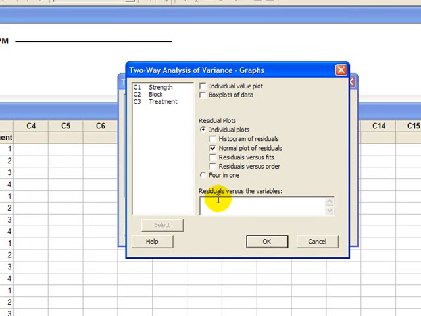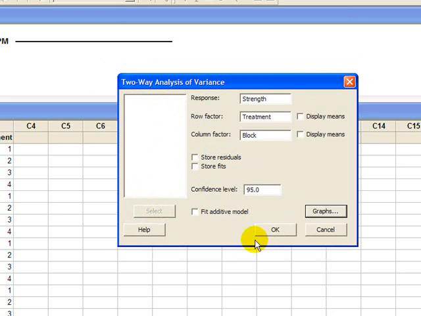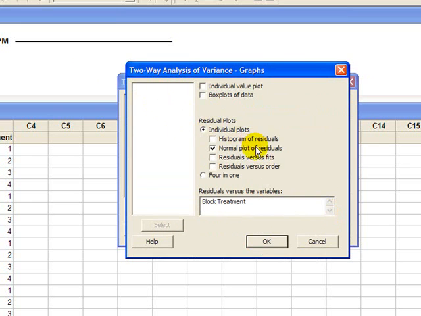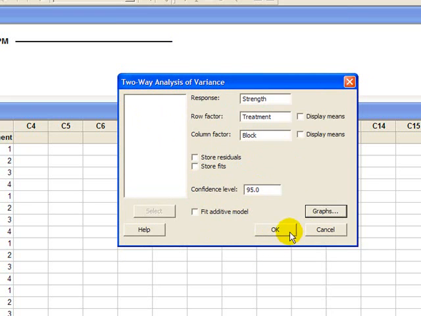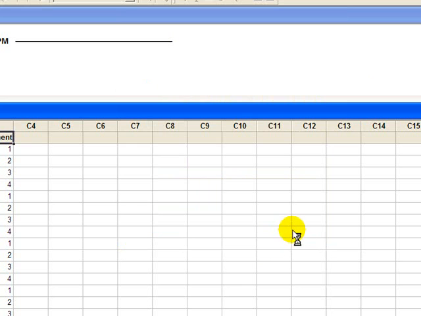I'm interested in plotting the residuals versus block, so I will select block. And I am also interested in another graph, which is residuals versus treatment. So I'm going to select treatment here. Now we are going to plot three graphs: normal plot of residuals, residuals versus block, and residuals versus the treatment, right? And I hit OK.